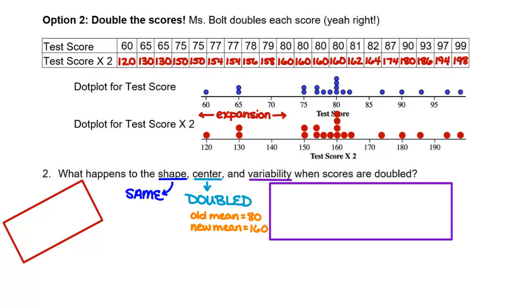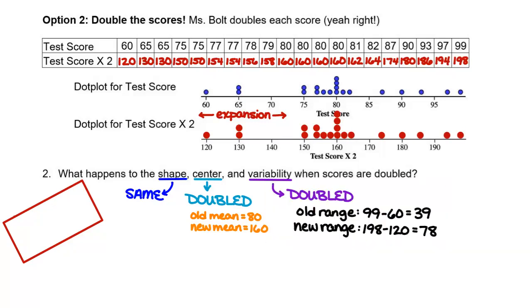But do they still have the same range like they did on the last problem? No. Old range is 39, 99 minus 60. What's the range for my new distribution? It doubled. What is twice 39? 78.